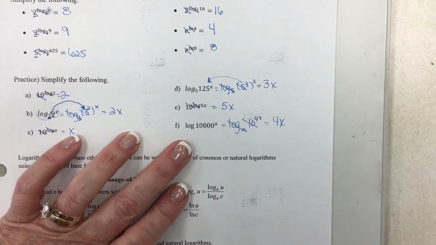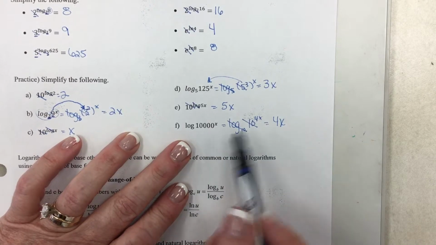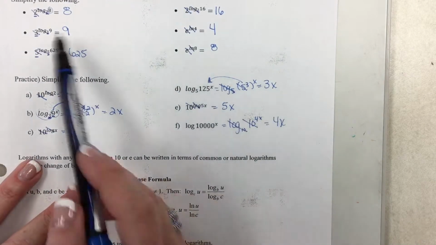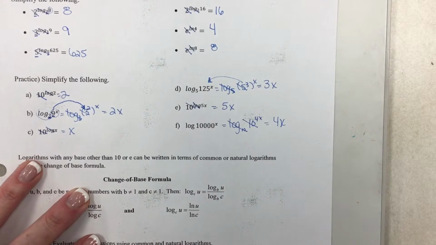It's about the base. If the bases are the same, whether it's a logarithm or the exponents, you can cancel them out. Notice in all these answers that I've canceled, none of them have the word log or natural log with them. That gets canceled with it. If the base of the log and the base of the exponent are the same, you just cancel it out. It's that simple.